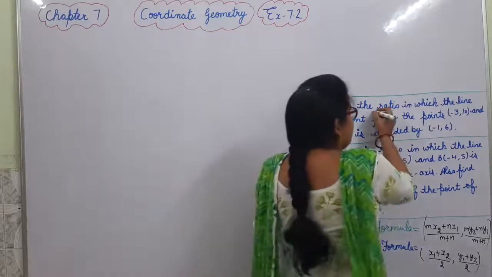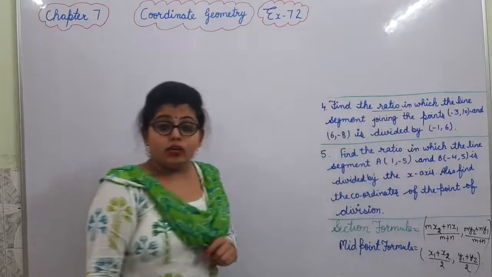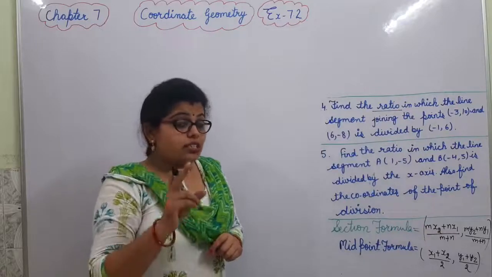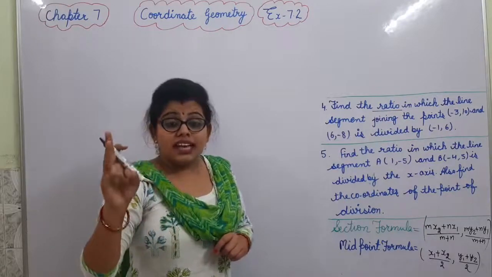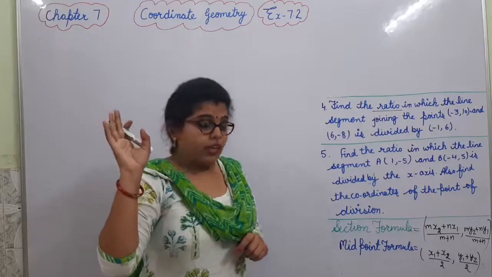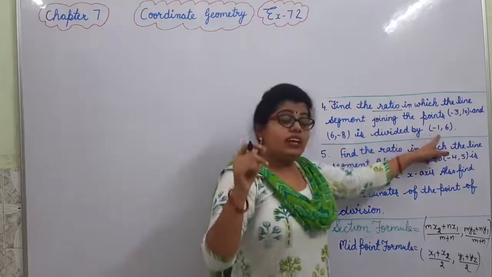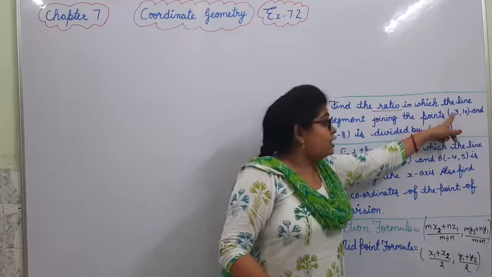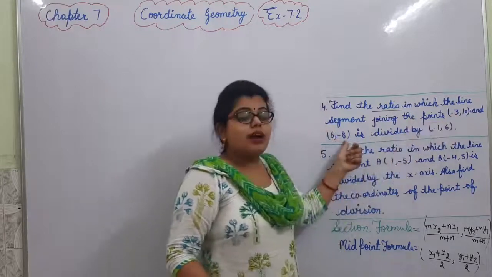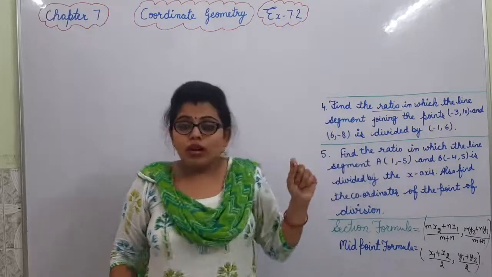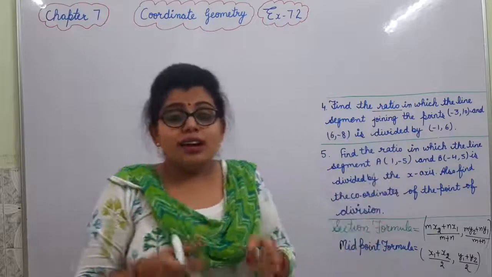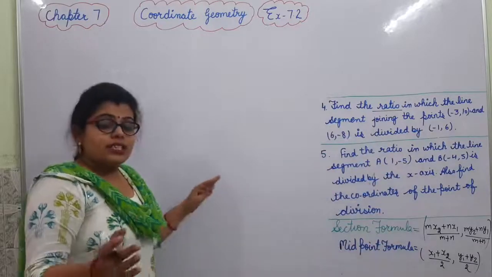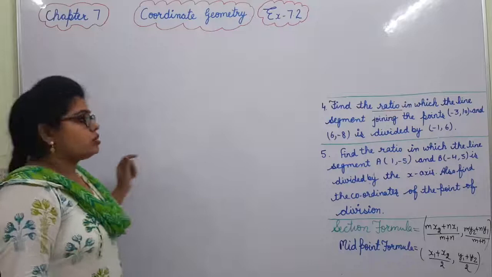Find the ratio. Means we will use the second type of section formula here, because the coordinates of the point dividing (-3, 10) and (6, -8) are given. So for this, we will consider the ratio here.